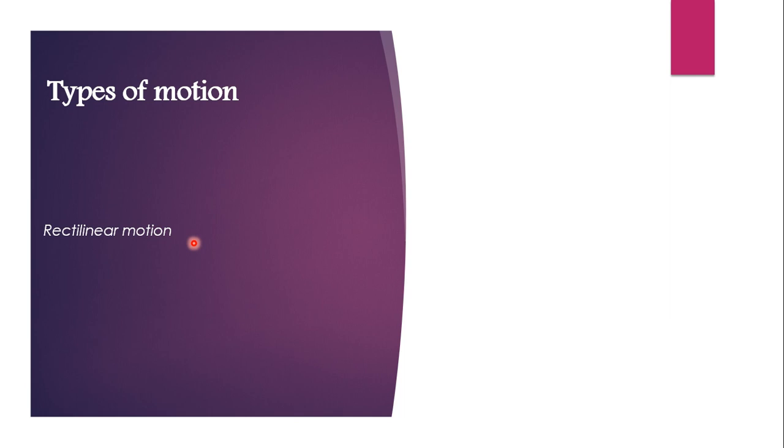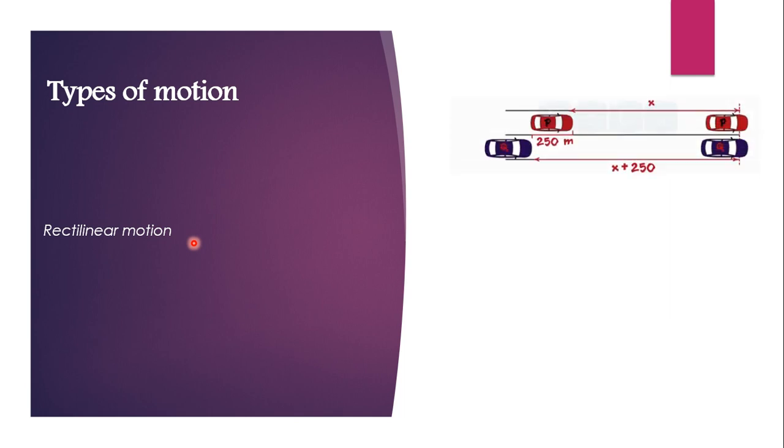If an object travels in a straight path, such motion is called rectilinear motion. For example, a car traveling on a road, or someone walking on a straight road, these motions are examples of rectilinear motion.